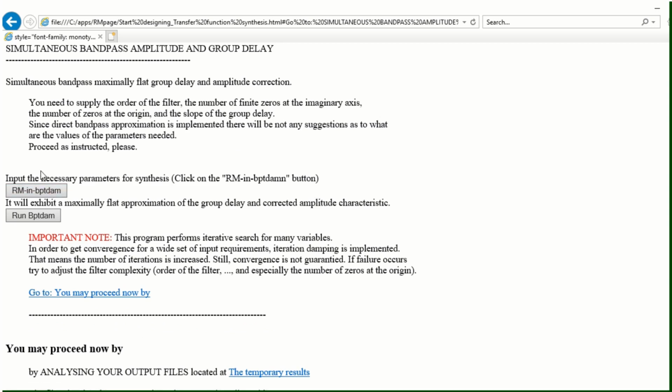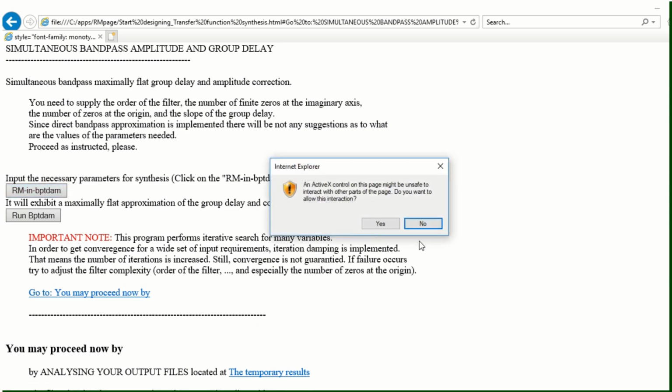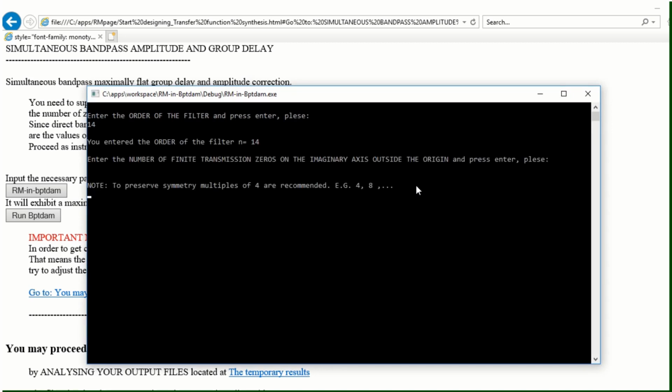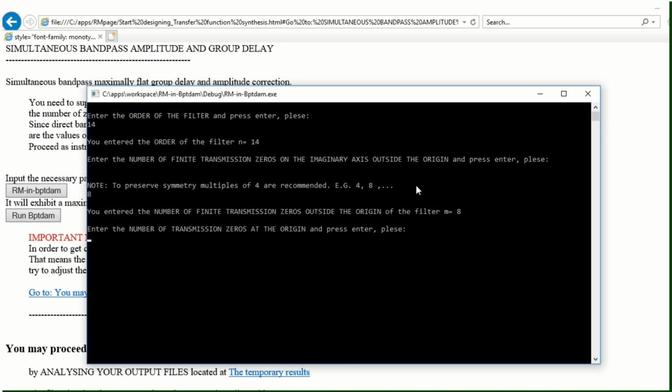simultaneous bandpass approximation, and we will have to define the filter here, which will be 14th order with 8 zeros at the frequency axis, both positive and negative, and with 2 zeros at the origin.